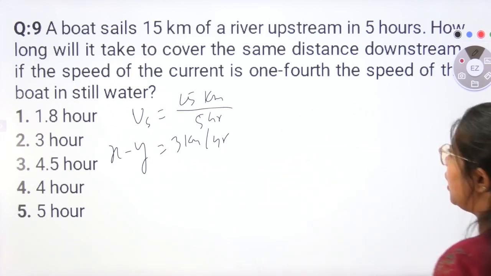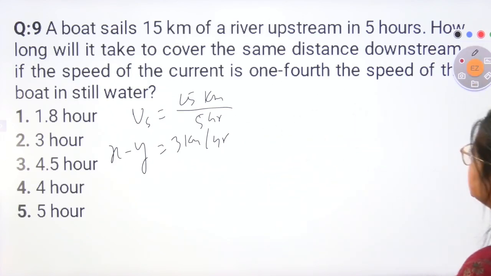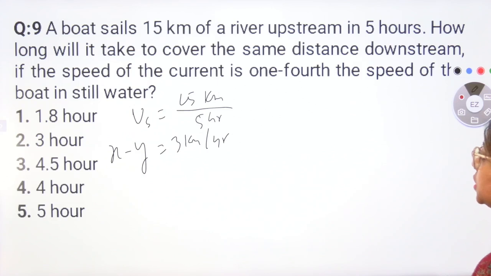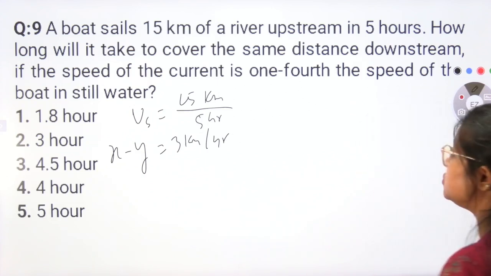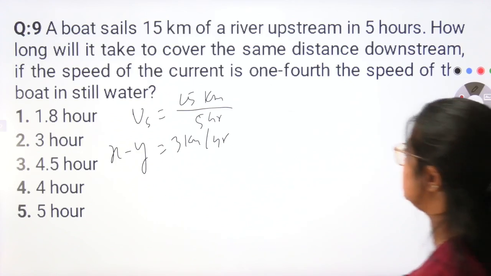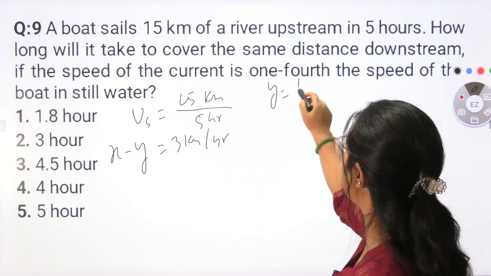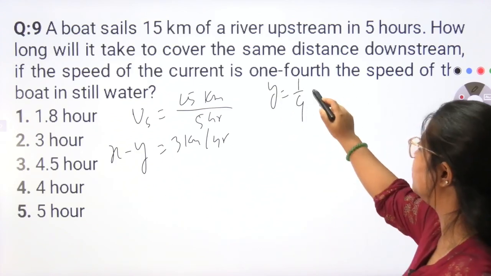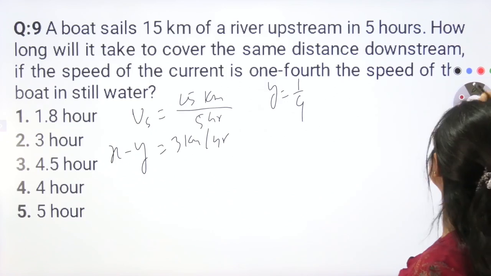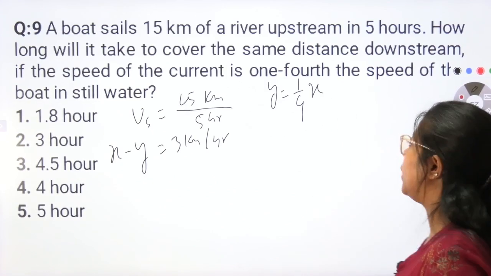Okay. How long will it take to cover the same distance downwards? So I need to find the time to cover the same distance downstream if the speed of the current, that means y, is equal to 1/4 of the speed of the boat in still water. So y is equal to 1/4 of x.